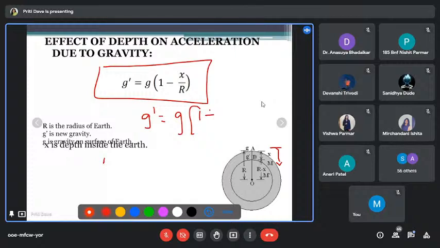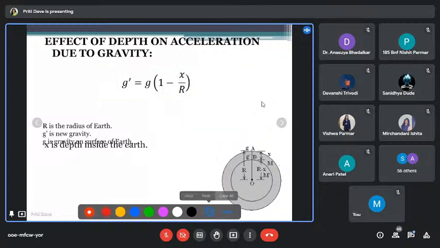So that is also there that you can talk in terms of, but otherwise x is the depth. Again, as I was looking at your papers, there is hardly anything which is based on where the depth is or the other formula is used. So I would expect you to remember this, where g is the new gravity.